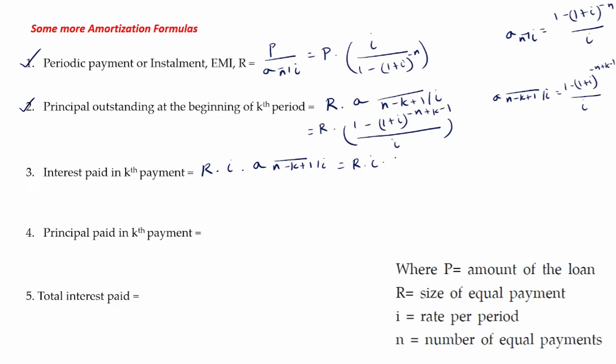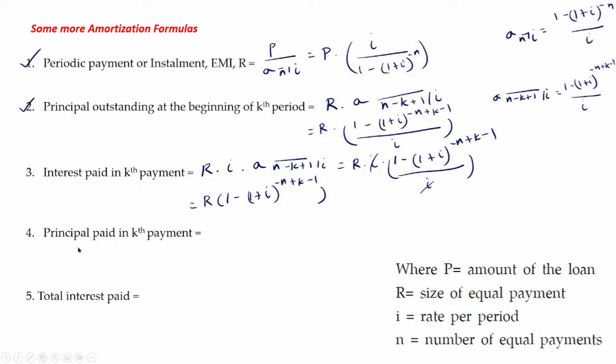If we substitute here we get 1 minus (1 plus I) the whole raised to minus N plus K minus 1 upon I. So this I and this I will get cancelled. So the formula is R into 1 minus (1 plus I) the whole raised to minus N plus K minus 1. So this is the formula to find the interest paid in the kth payment.